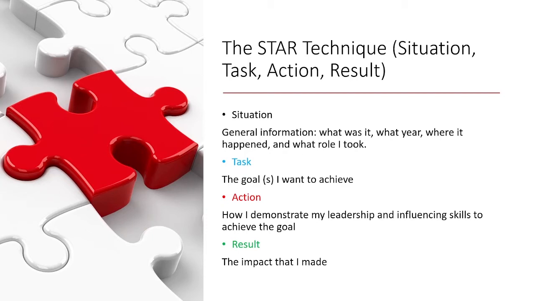I mentioned the year, where it happened, and what role I took. This is also an opportunity for you to describe the problem that you want to solve. And then the next sentence, I talk about the goal that I want to achieve.